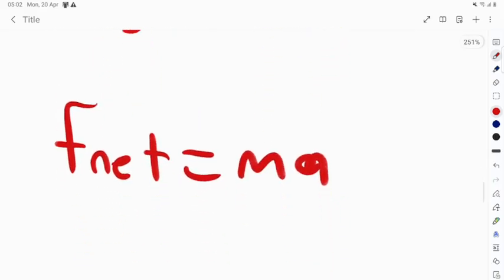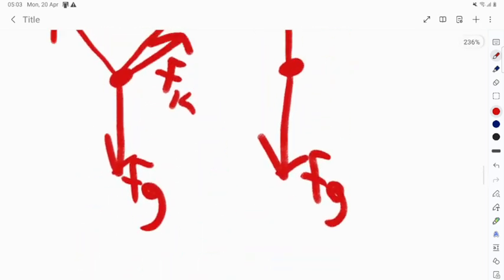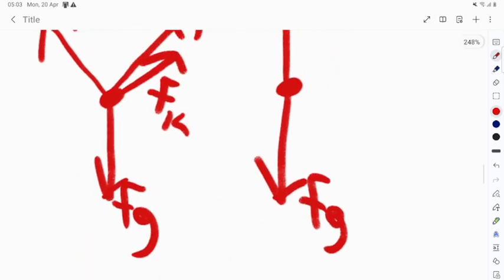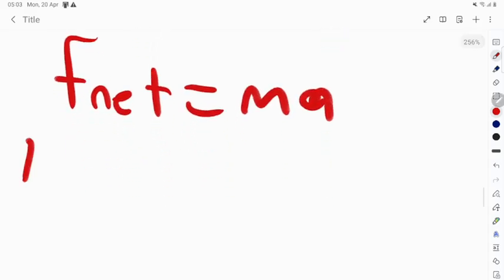So F net is equal to MA. So then I have tension, I have friction. As you can see, tension and friction go in the same direction. So I can say tension, because they're going in the same direction, it will be plus friction. So the block is standing, there will be force of static. Remember, we have 2 types of friction, static and kinetic. Kinetic when it's moving, static when it's standing still.